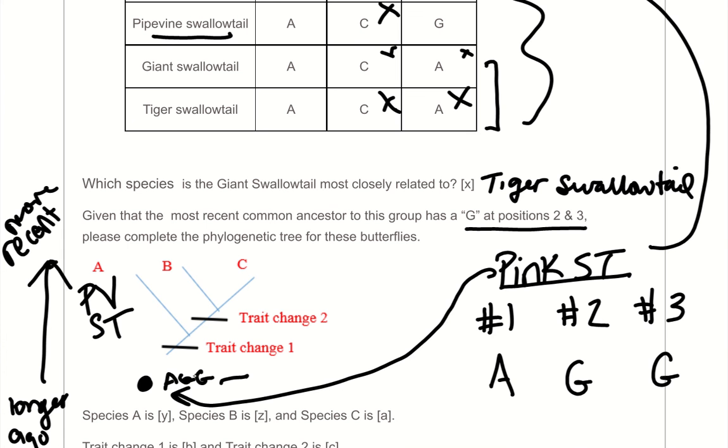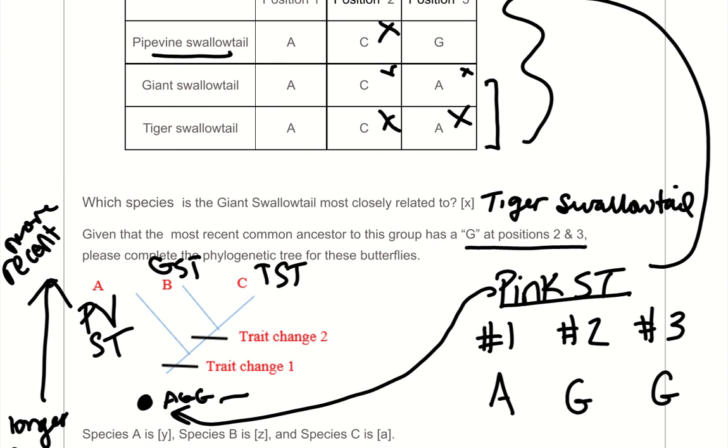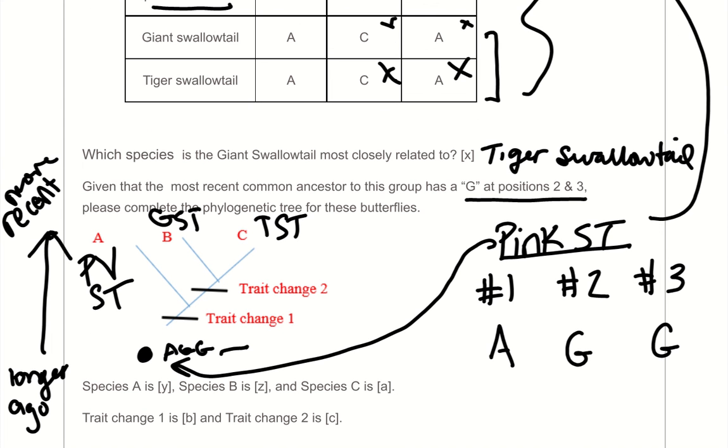So we can just put the giant swallowtail here and the tiger swallowtail there, because we know that they are different. So to them, the pipevine swallowtail is a more ancestral species, and they have the same nucleotide sequence, so they can just go on the end.